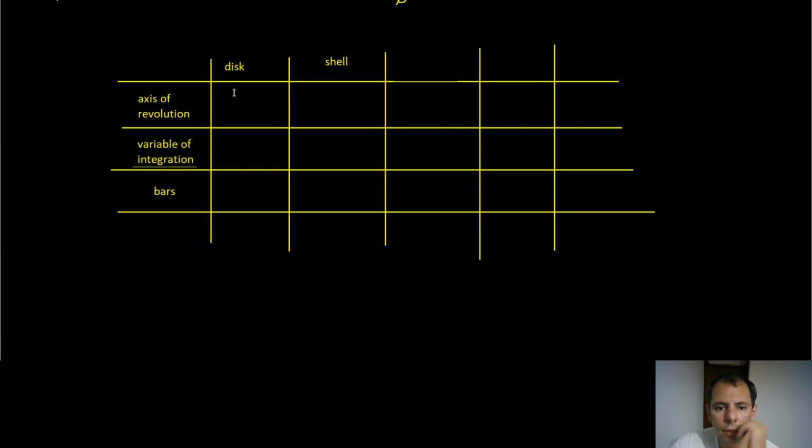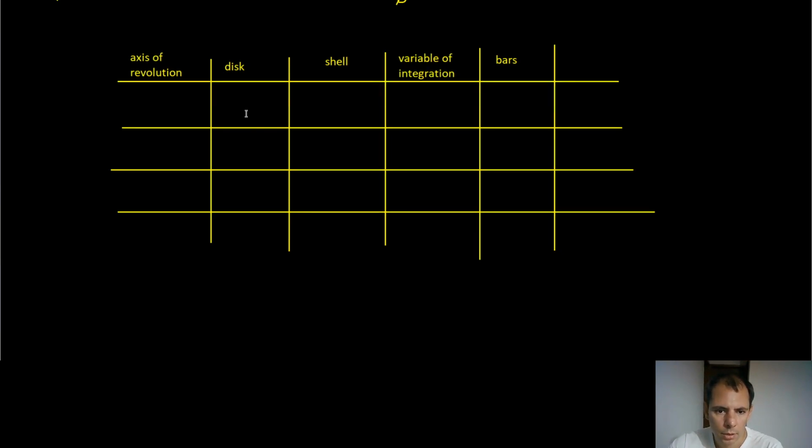For the disk method, what's going to be the axis of revolution? Oh yeah, that's right. The axis of revolution is going to be here, and the disk is just going to be there. So let me put this thing like that. For the disk method: axis of revolution, variable of integration, bars.